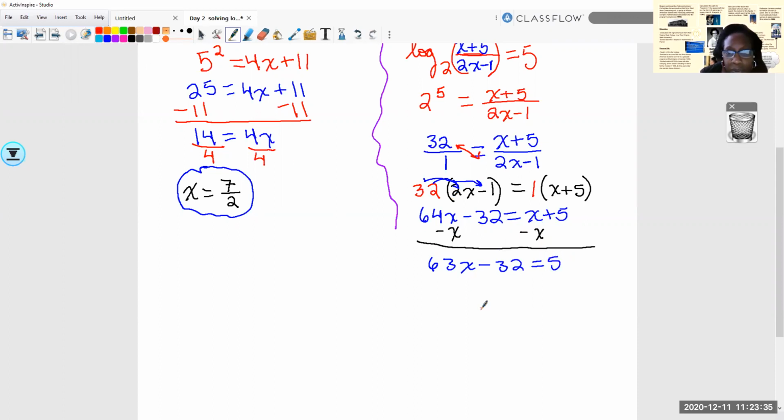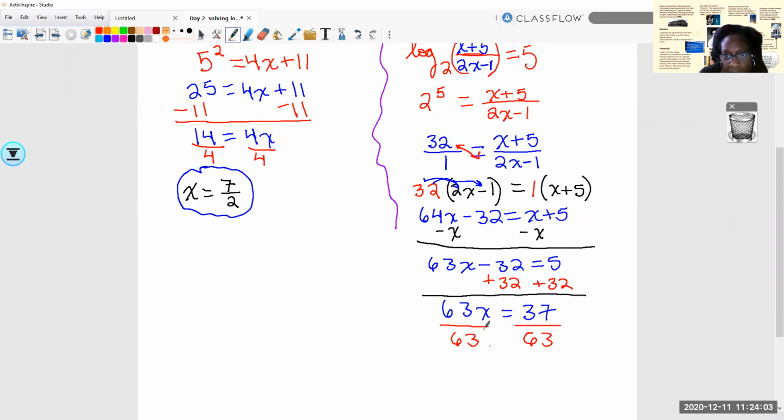Linear, add 32 to both sides. Create a summation line. 63x equals 37. Divide by 63 on both sides.